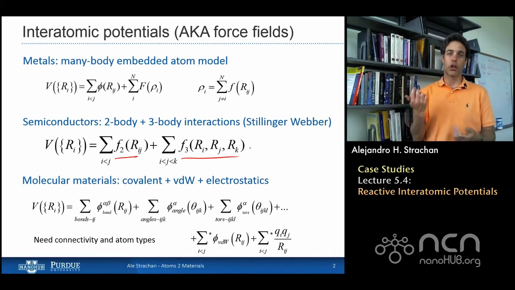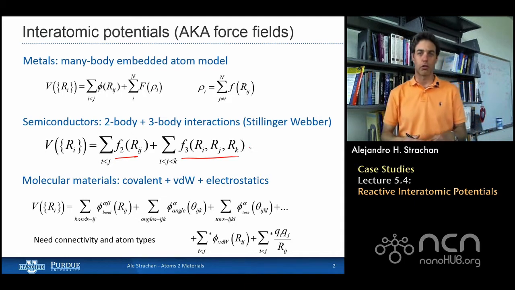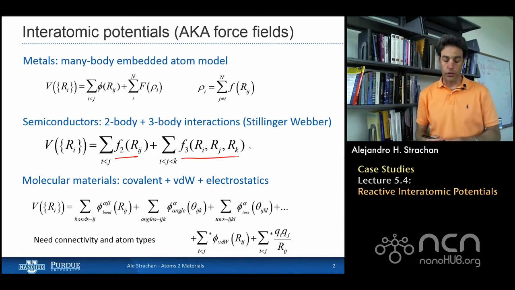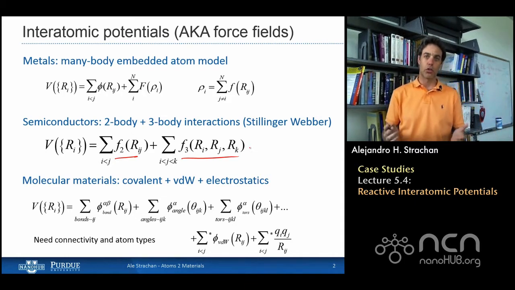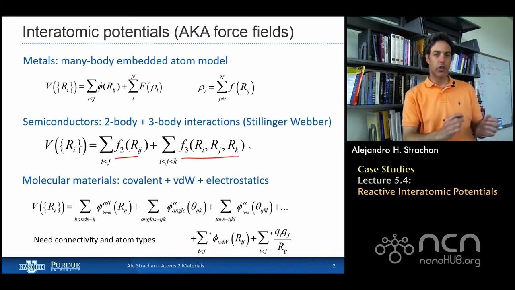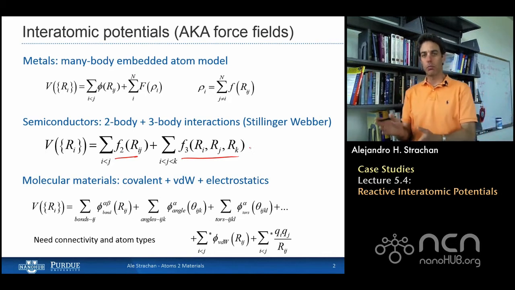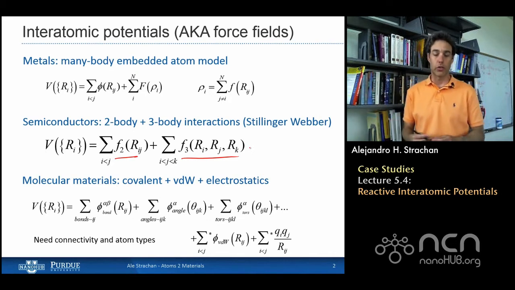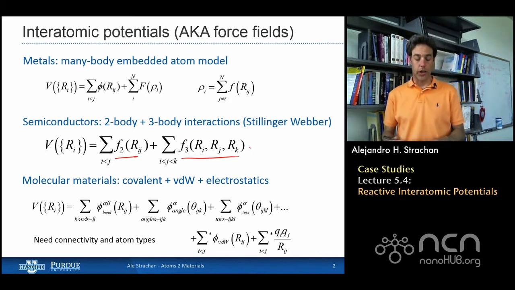And we also talked about interatomic potentials for molecular systems, for polymers and biological systems. In those potentials, we have covalent interactions and non-bond interactions. The non-bond interactions are van der Waals and Coulomb, or electrostatics.